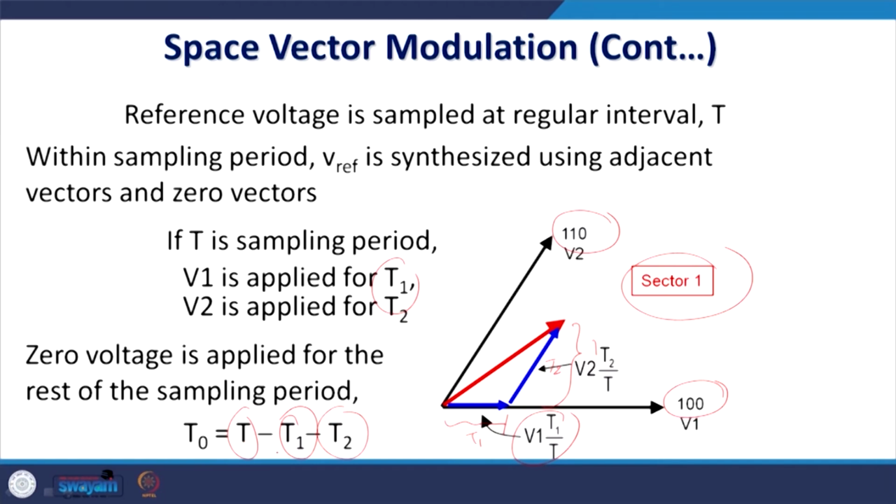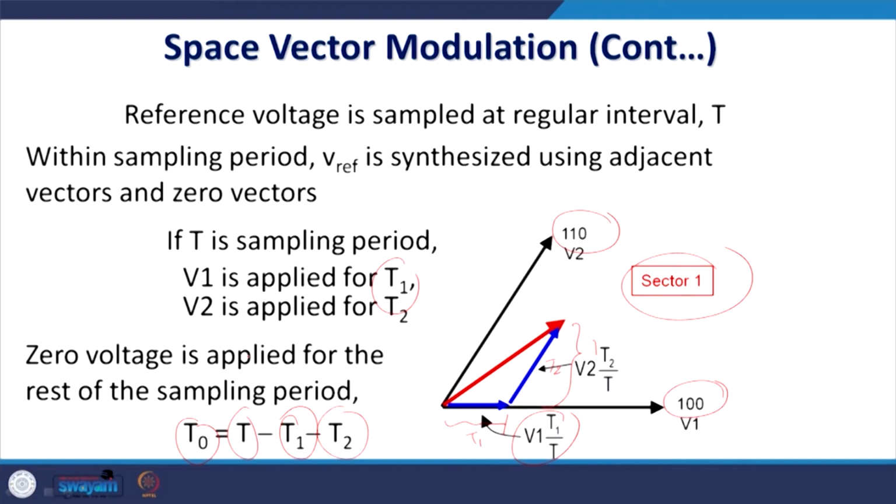Generally this T0 will be placed as T0 by 2 at the beginning and T0 by 2 at the end of the cycle.